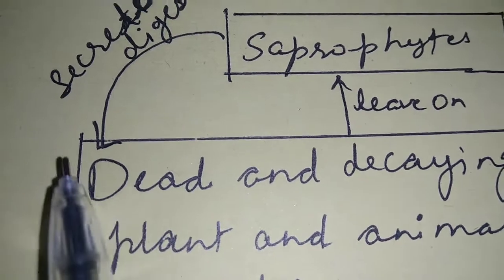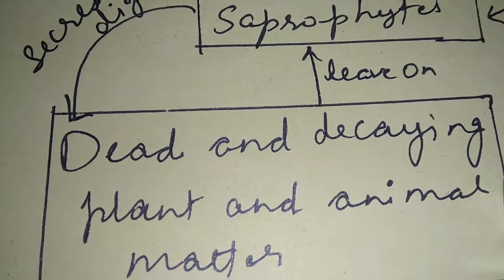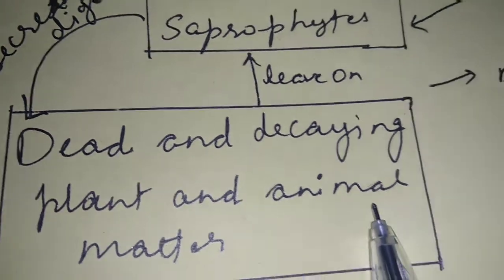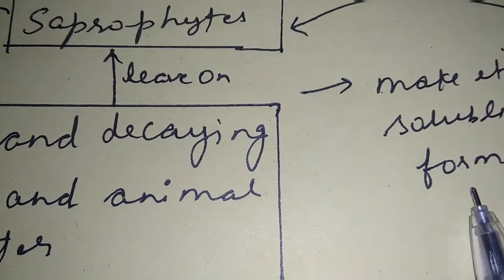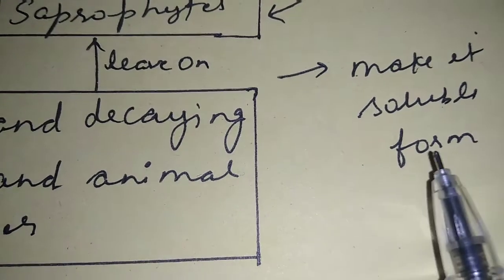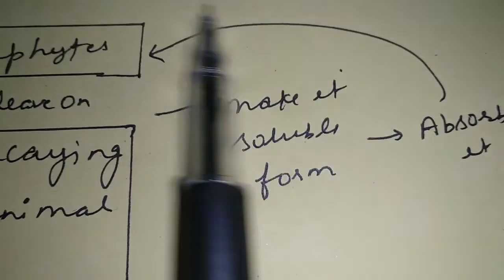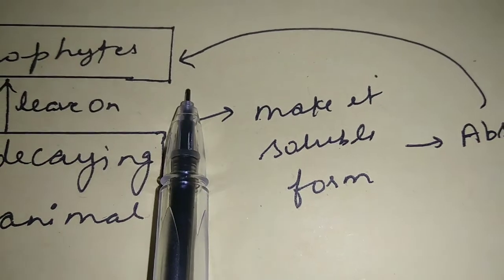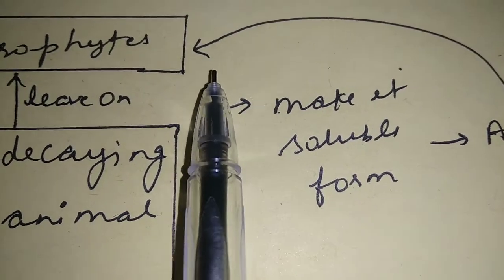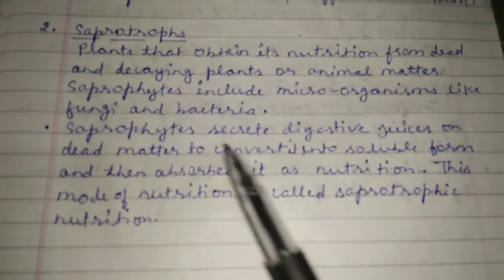After releasing digestive juices, this matter is converted into the soluble form, and then saprophytes will absorb it and utilize it for their needs.